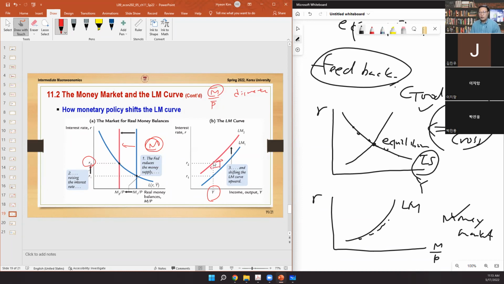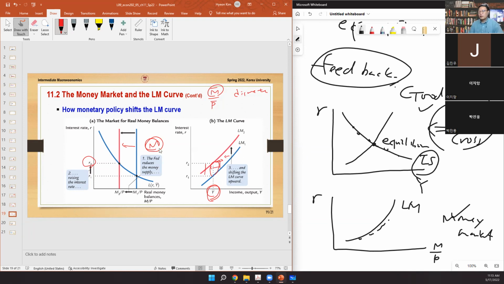But in order to highlight the actual reaction or process, shifting up is better than shifting to the left. So we can see that with the given output or income level, we have to get a higher interest rate. That's why the LM curve shifts up or to the left, which has the same meaning.